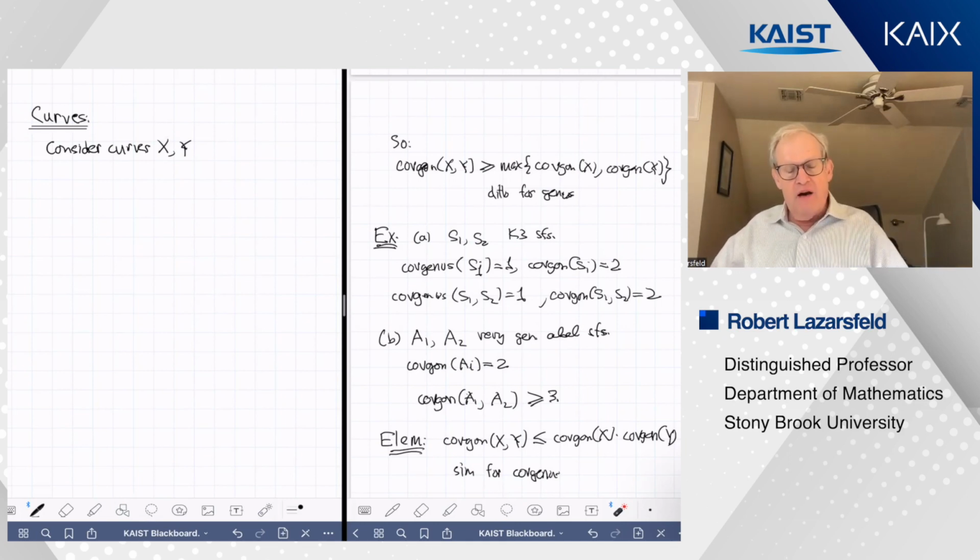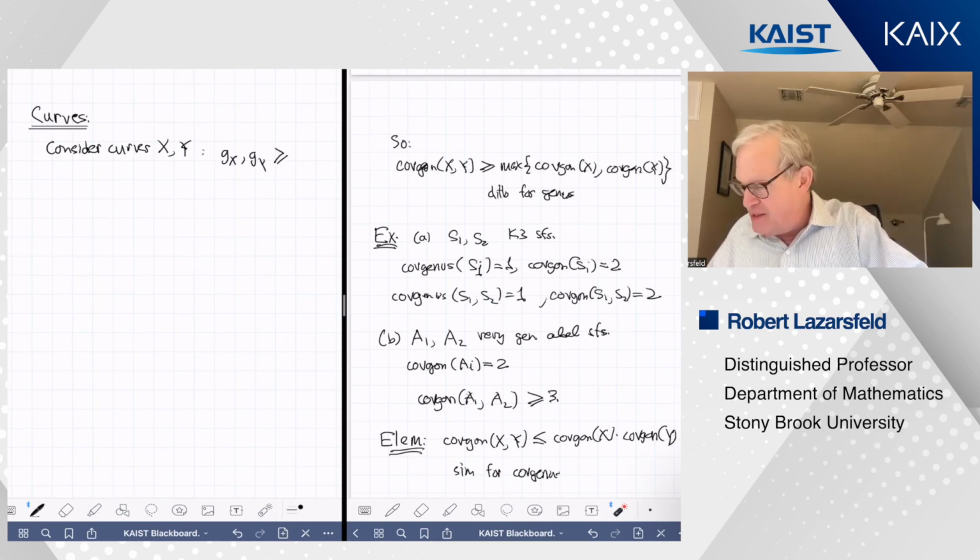Let's say they are curves of genus gX and gY.